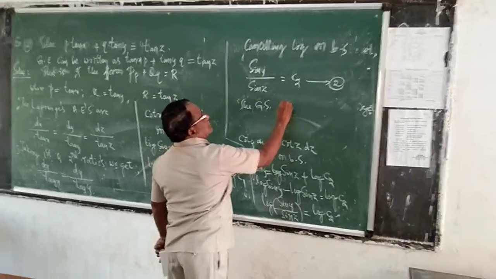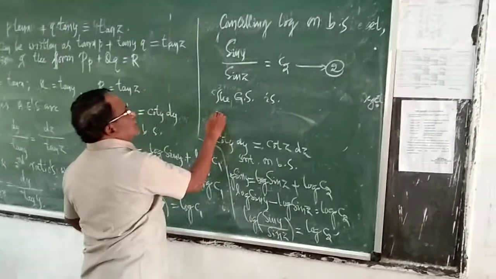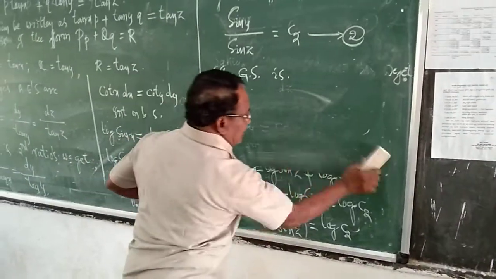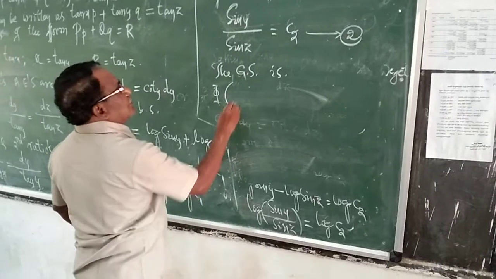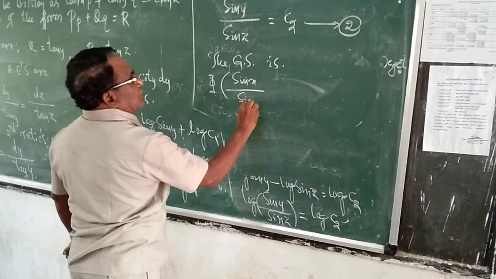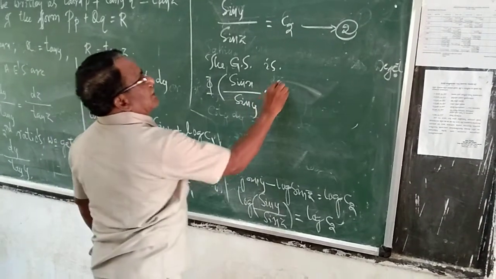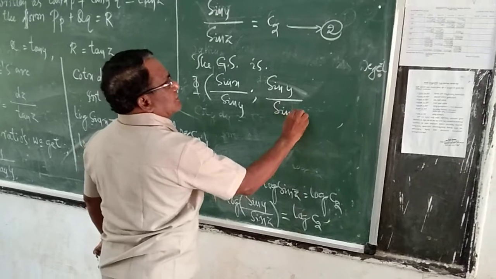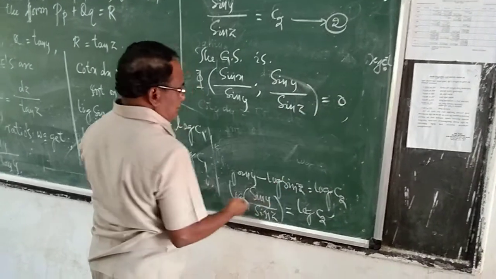Finally, the general solution or complete solution is phi of u comma v is equal to 0. What is your u here? It is sin x by sin y, comma v is sin y by sin z, is equal to 0.